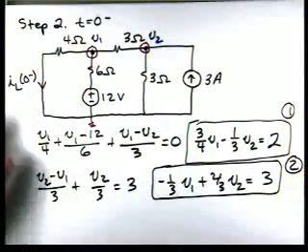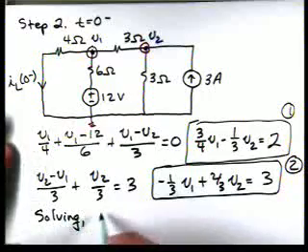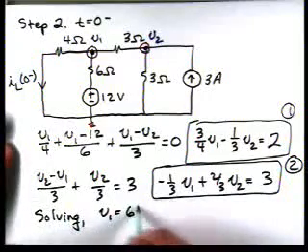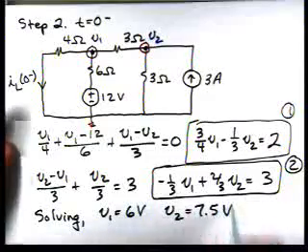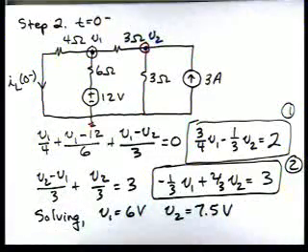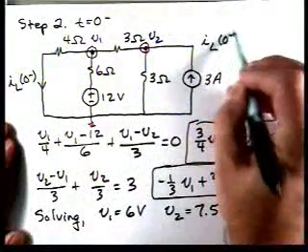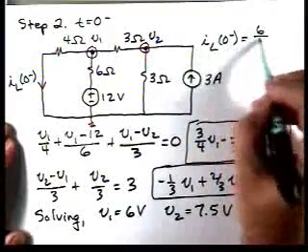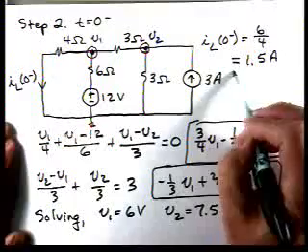Now, if we solve, we get V1 equals 6 volts, V2 equals 7.5. And if we look at our circuit, we can see that iL of 0 minus then is 6 over 4, or 1.5 amps.